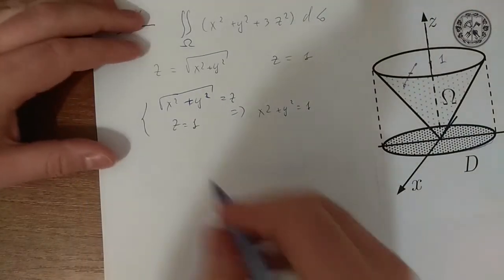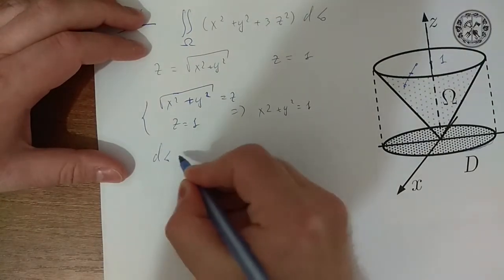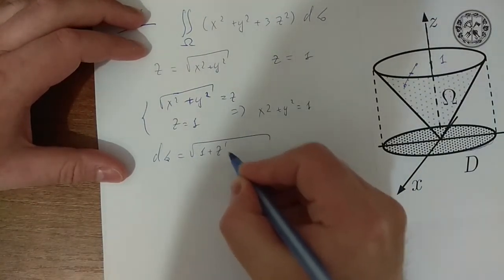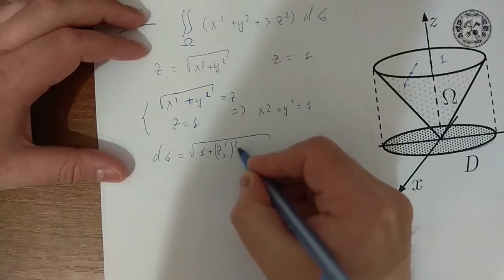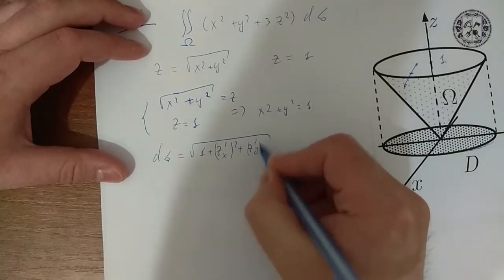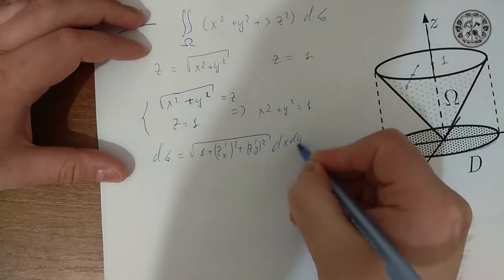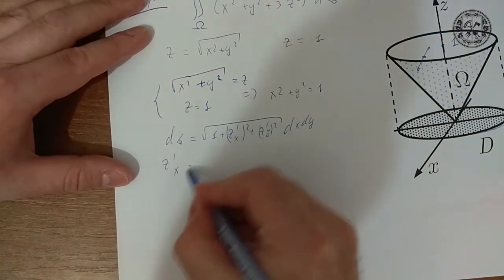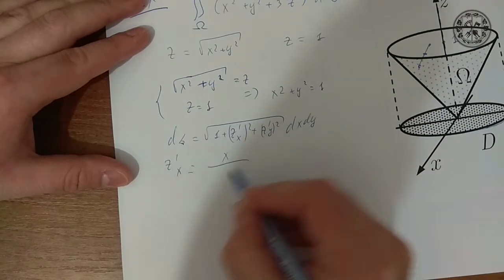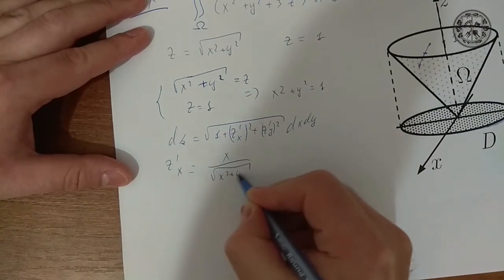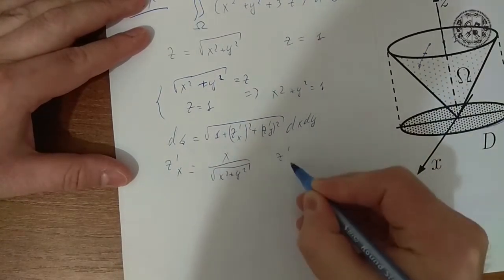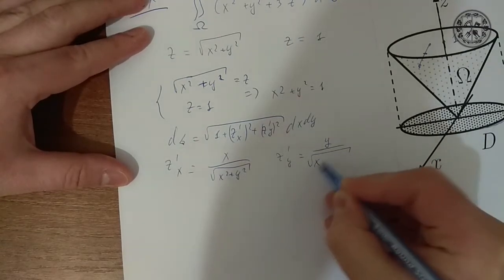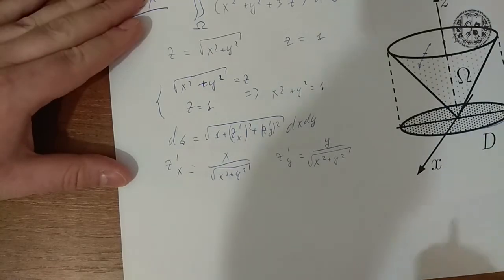Okay, now we have to calculate d sigma, which is square root of 1 plus z prime x squared plus z prime y squared dx dy. The derivative of z by x will be x divided by square root of x squared plus y squared, and z prime y will be y divided by square root of x squared plus y squared.